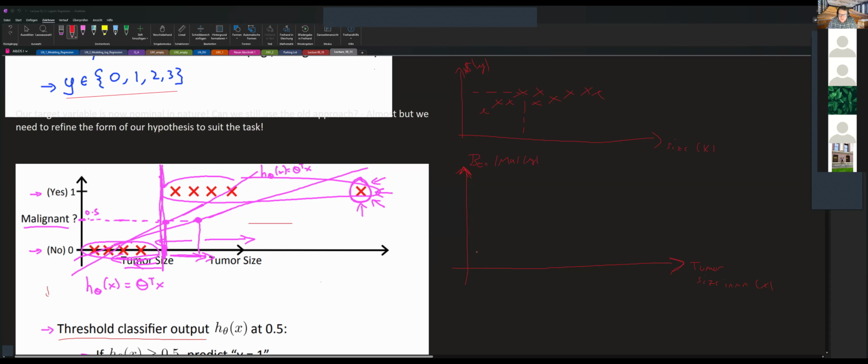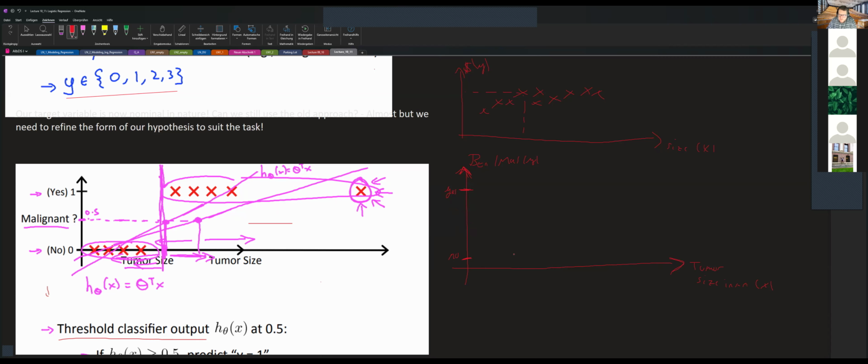So basically I have two kinds of lanes here. Is the tumor benign or malignant? We can say, is the tumor malignant? Yes, it is, or no, it is not. So Y can only take these two values; there are no other values it can take.